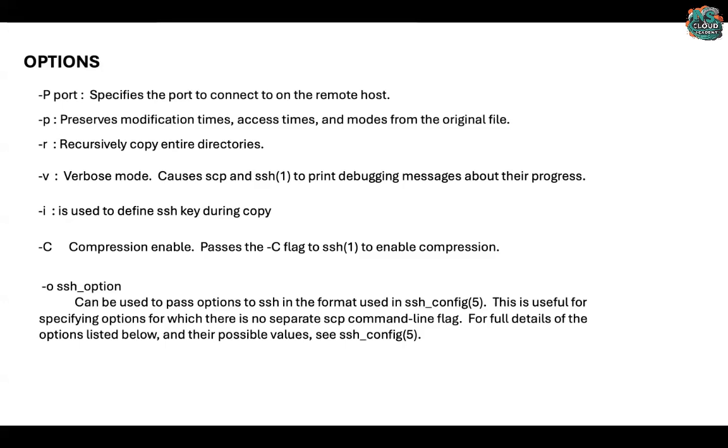You can define any parameter during the copy if you want. You can use -o, and you can define the cipher suite and the authentication method. All these options you can define. Okay, so let's go on the terminal and understand first.